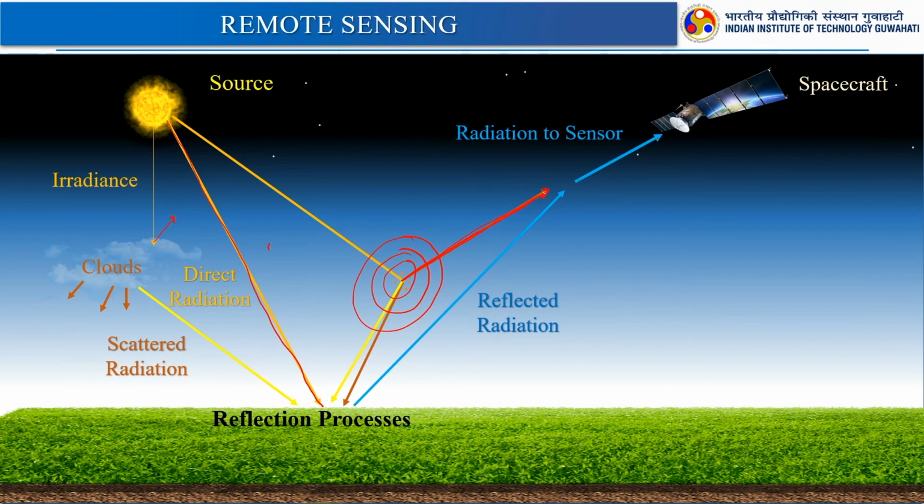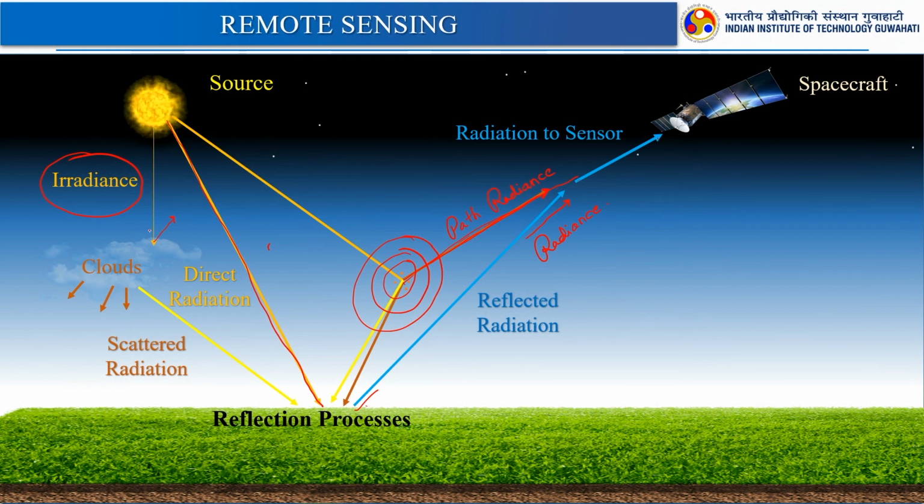This additional signal which comes along with the correct signal from the ground is called path radiance, right. The light which is coming from the sun is known as the irradiance. This is called the radiance, and this is called the path radiance, right. I hope this is clear to you.